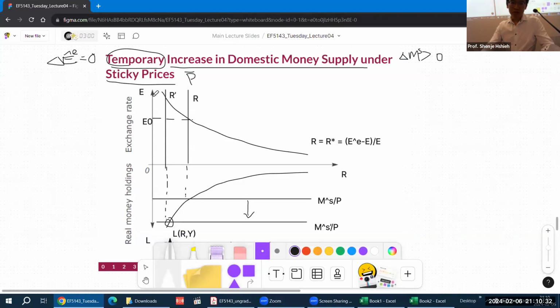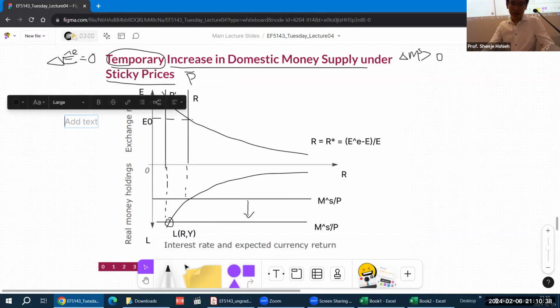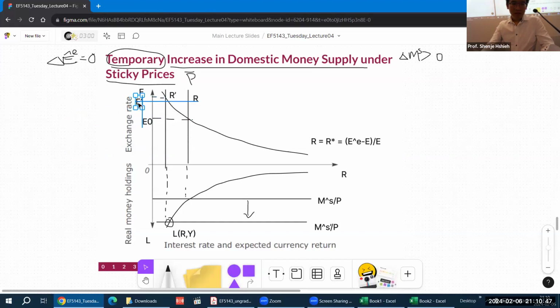And with a smaller interest rate, we have a higher intersection with the UIP curve, which now tells us that our new spot rate is higher.